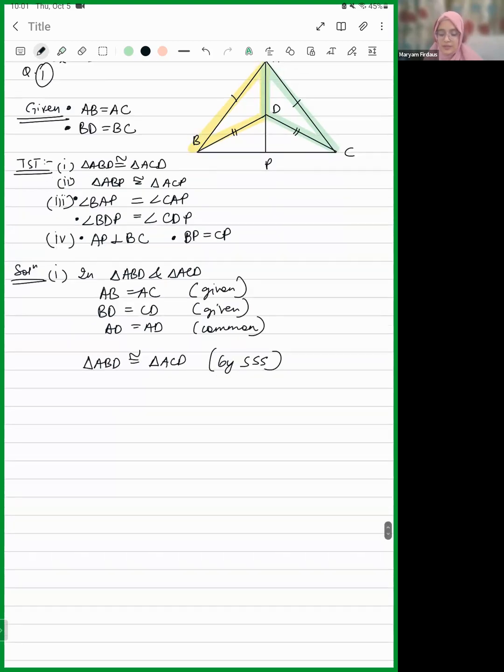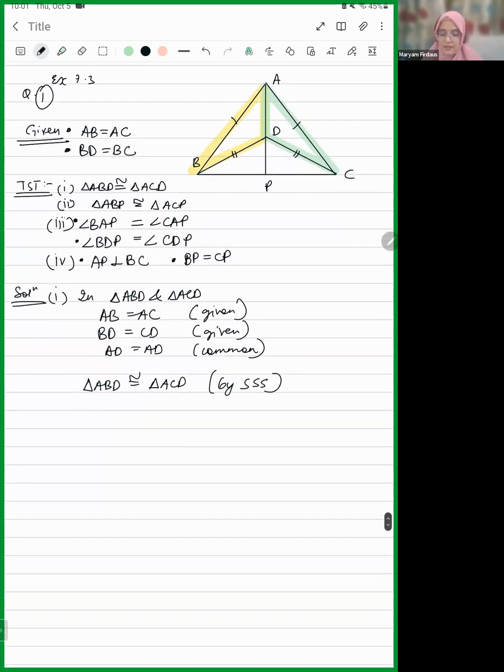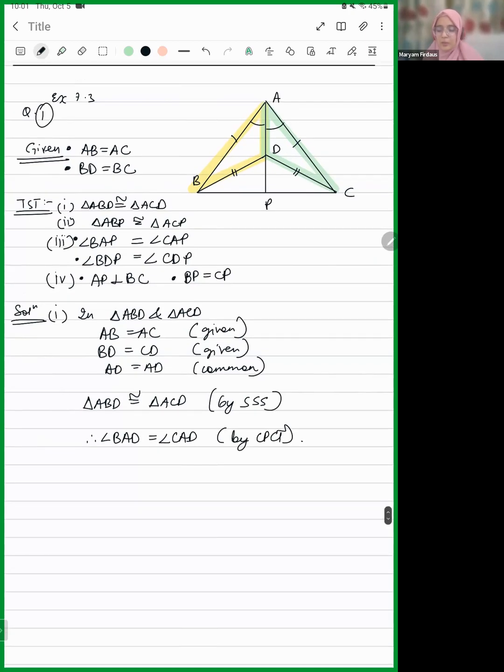Therefore, by CPCT, this angle is going to be equal to this angle. Angle BAD is going to be equal to angle CAD by CPCT, yes or no? And we might need one more thing.